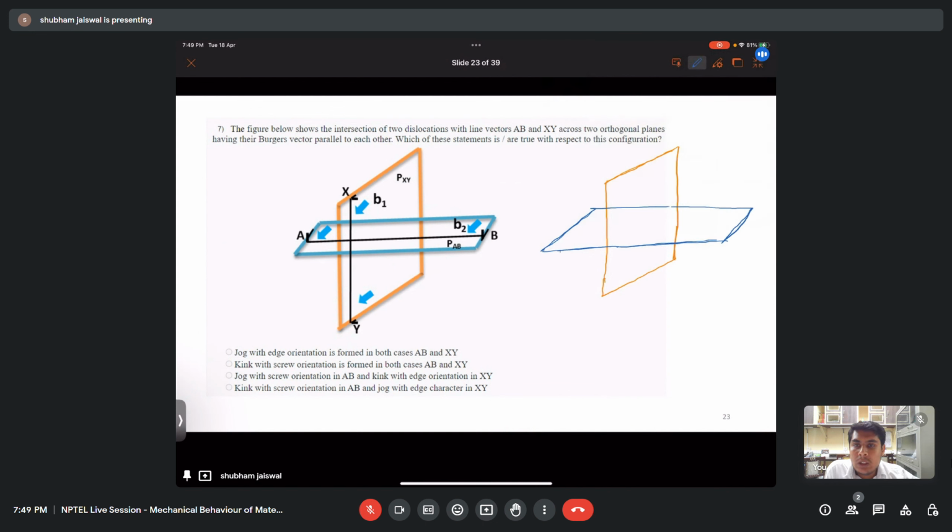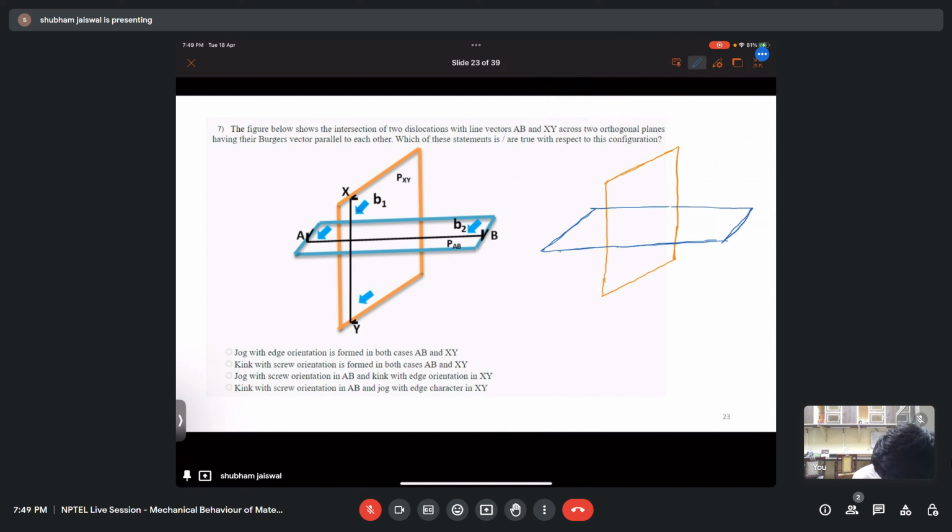Okay, let's consider our dislocation AB first. So the AB will interact with the dislocation XY, and XY will create a step in AB in the direction of B1. So this is the direction of B1.